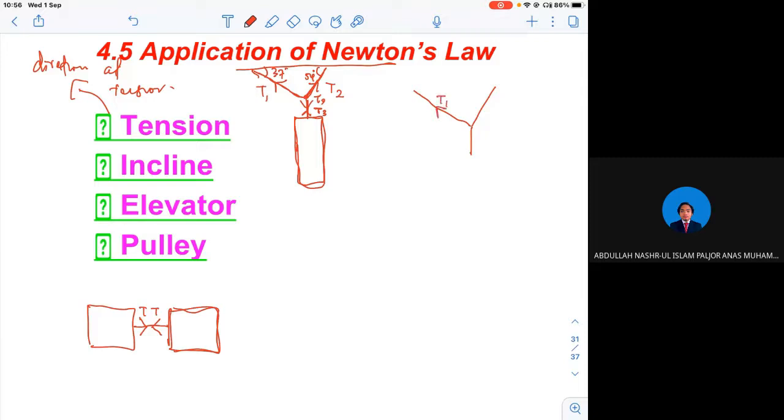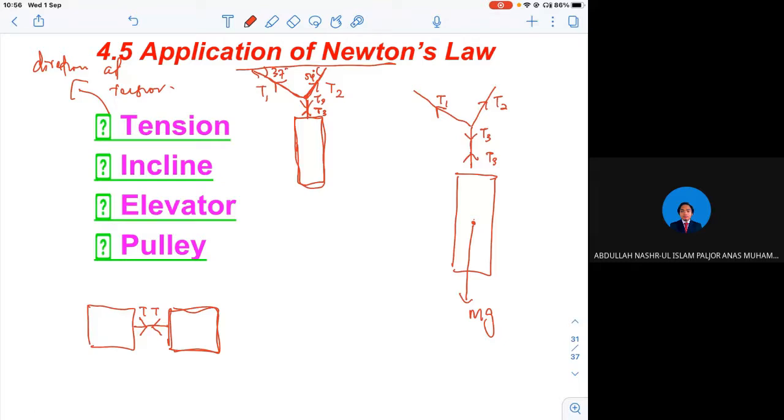This is T1, T2, and T3. Of course this T3 will always have T3, and because this one has mass, it will have its own weight. So there are certain things you should reconsider.